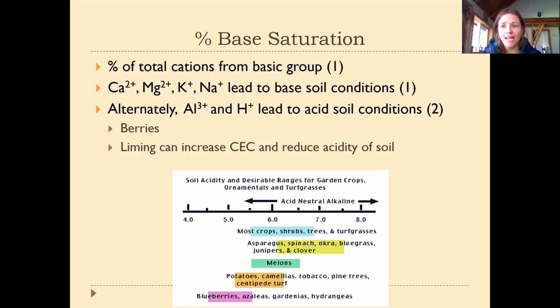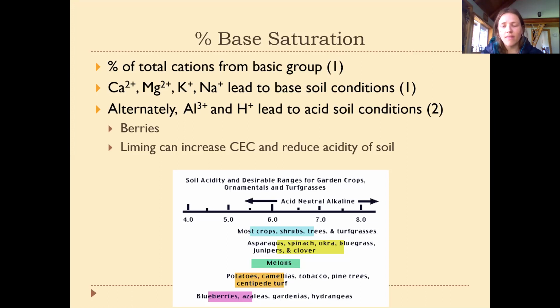And we could measure that in a similar way that we would measure the cation exchange capacity, by just stripping all the different cations off the soil surface with some sort of extractant. But in that case, we would only be trying to measure the base cations in the soil solution. So anyway, that's another common soil measurement that you might come across. And I just want to explain to you what it means.